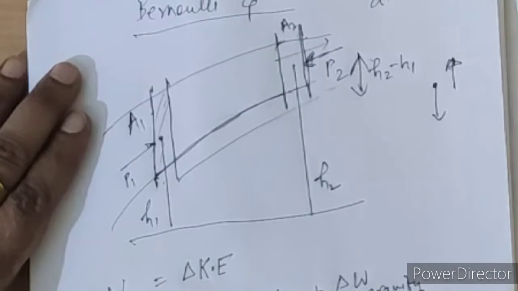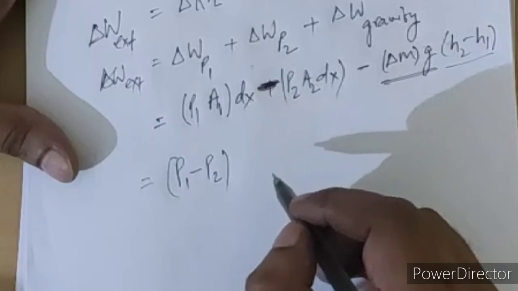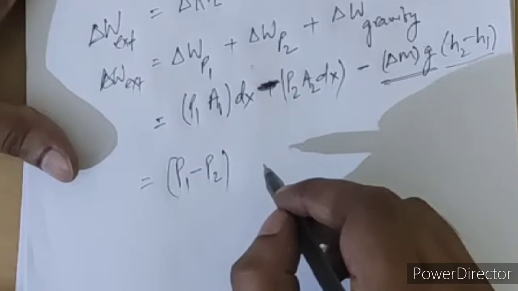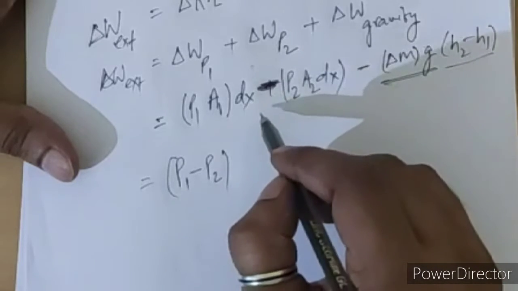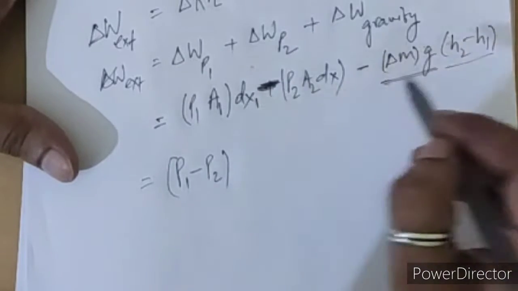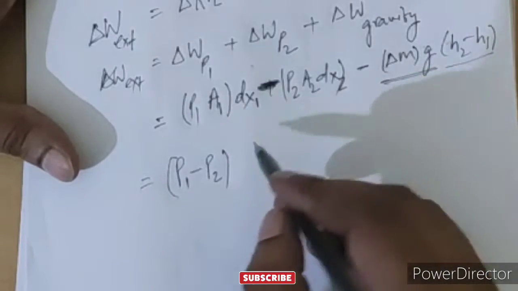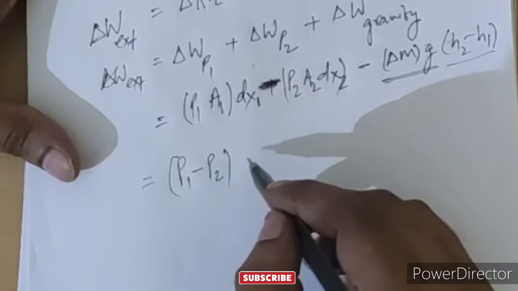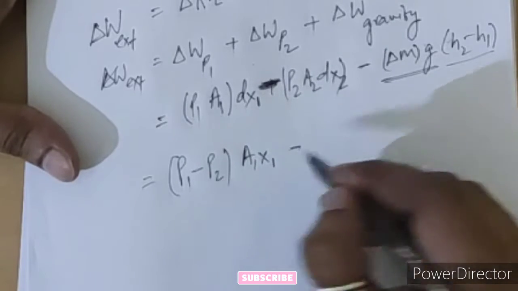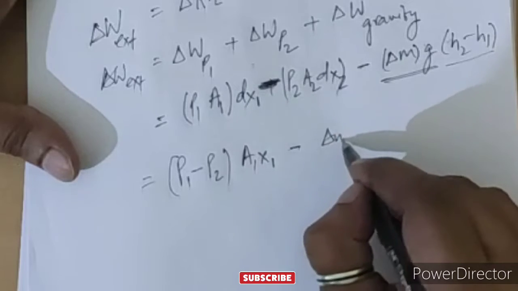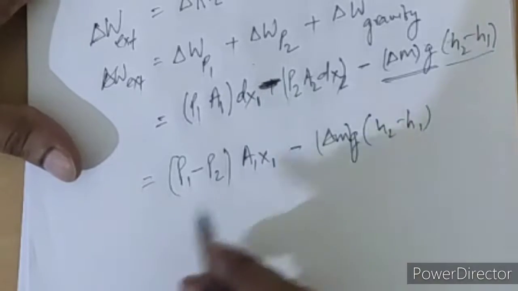So now we have P1 minus P2, let's say this is dx1 and this is dx2, and we have P1 minus P2 and then we have A1 x1, then we have delta m g (h2 minus h1).